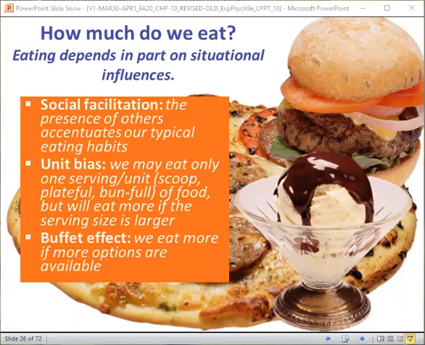When I do have a buffet, I tend to eat more. So we see this type of stuff, and it tells us that the things that motivate our eating behavior are not always the things which are clearly in front of us. Now, why is this? It can be explained in evolutionary terms.